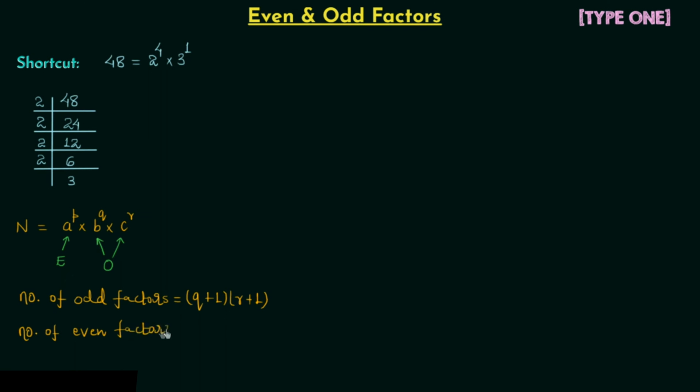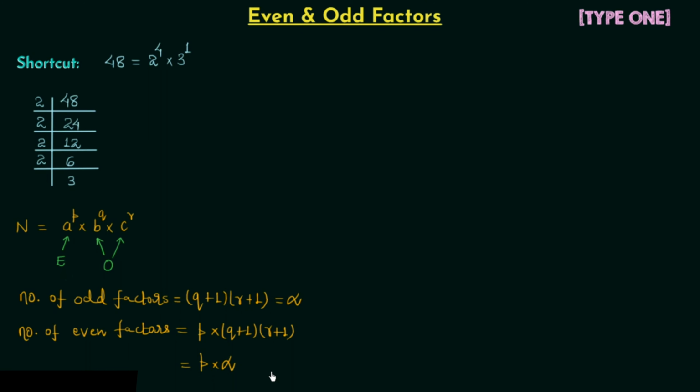Now moving on to the number of even factors. The number of even factors will be equal to the power of the even prime number, which is p, multiplied by the number of odd factors, which is q plus 1 multiplied by r plus 1. For example, if after the calculation we have alpha, then the number of even factors will be equal to p multiplied by alpha.